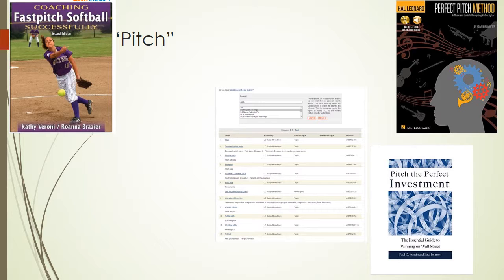It picks up absolute pitch. And way down at the bottom, it picks up fast pitch softball. And it tells us that for fast pitch softball, you want to use the term softball. And we're going to look at that more closely in a minute.